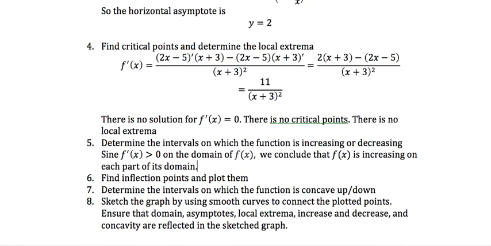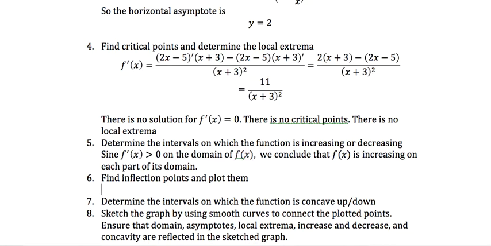Since the domain is divided into two parts by the point x equals negative 3, which is not in the domain. So f(x) is increasing on each part of this domain. That means f(x) is increasing on the interval from negative infinity to negative 3, and f(x) is also increasing on the interval from negative 3 to positive infinity.